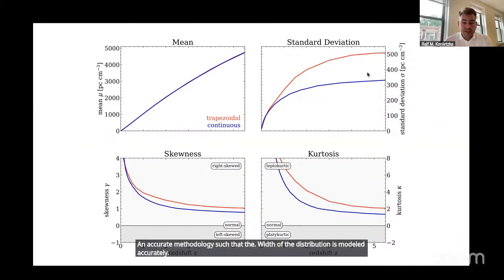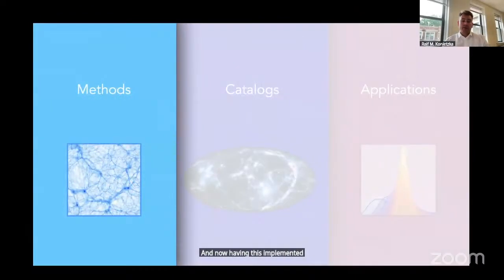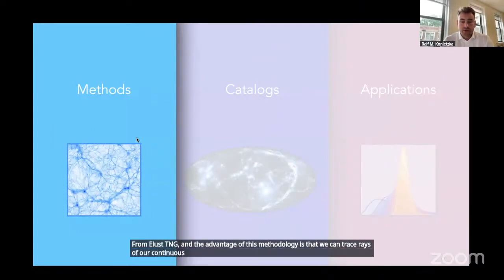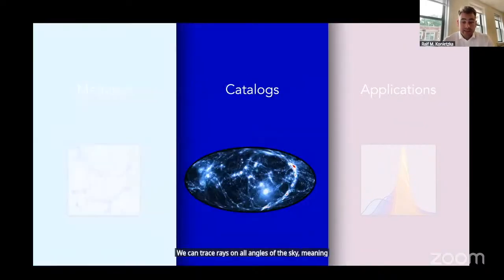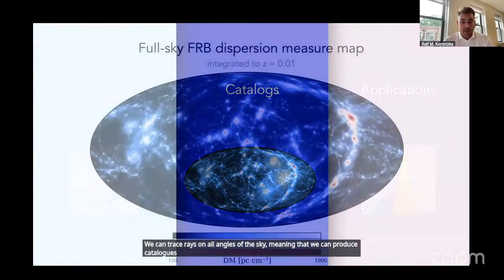Now, having this implemented, we have a perfect methodology to draw catalogs from IllustrisTNG. The advantage of this methodology is that we can trace rays with our continuous approach that reconstructs the Voronoi tessellation. We can trace rays at all angles of the sky, meaning that we can produce catalogs in the form of full sky catalogs.